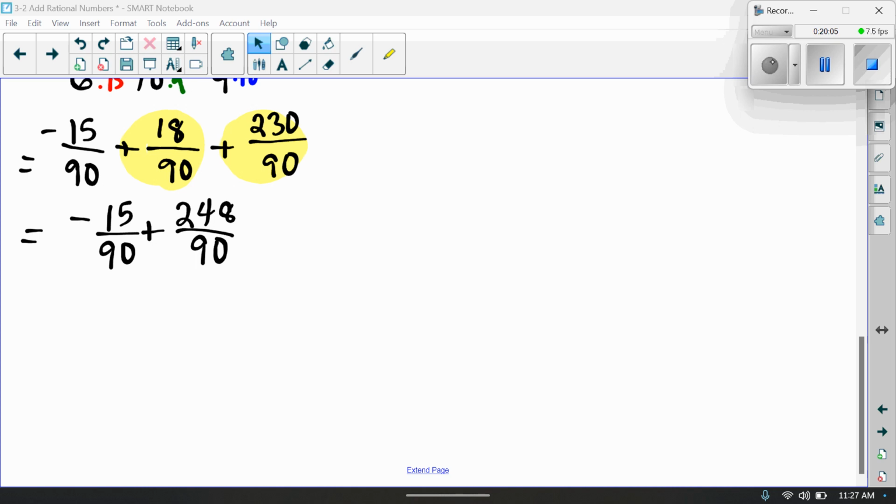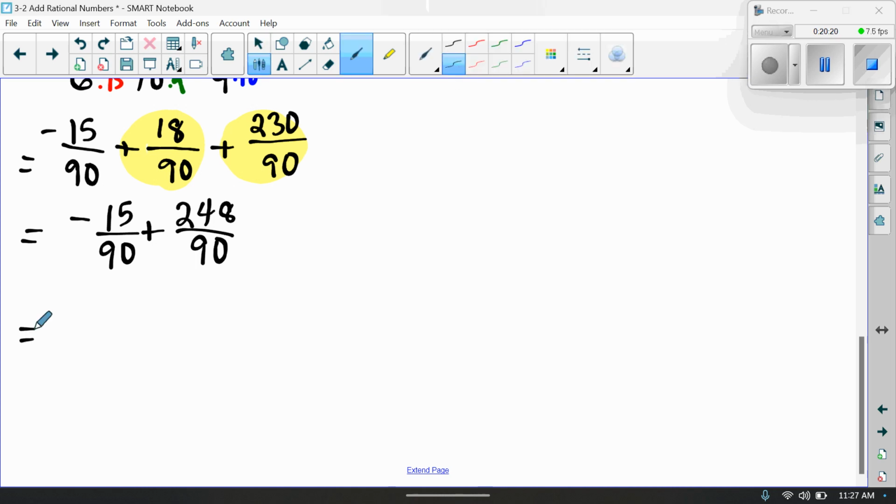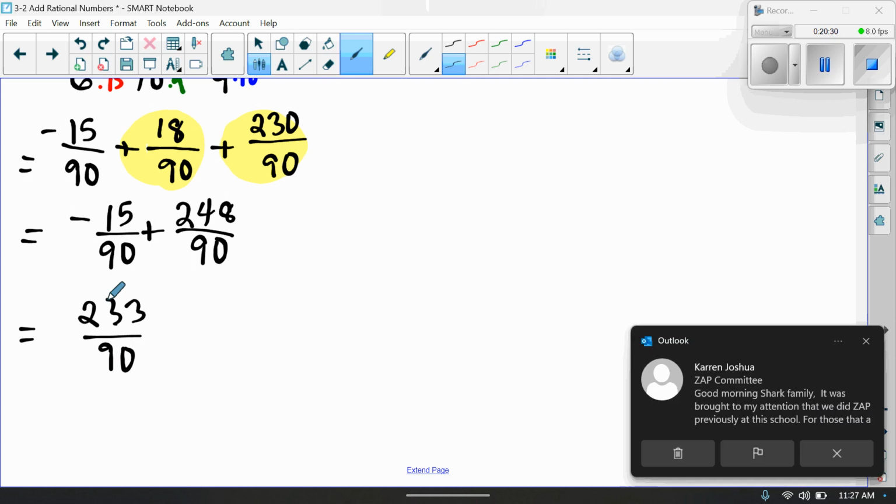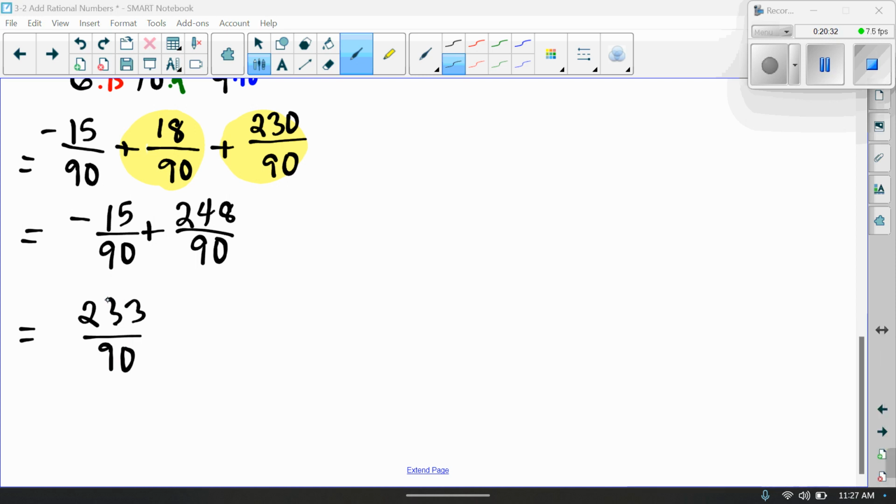So use your calculators if you need to. 248 minus 15 is what? 233, right? So this is going to be 233 over 90. And we said the sign is going to be positive.